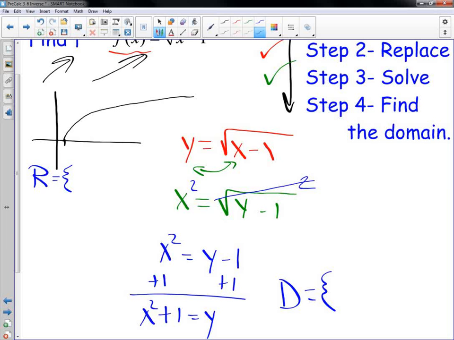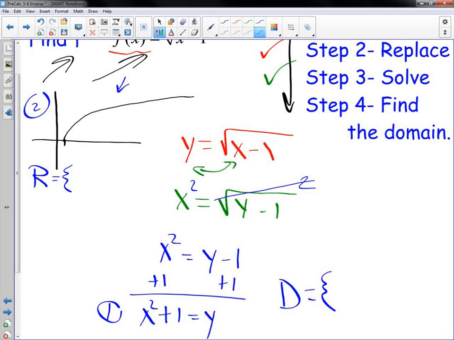Aren't these two inverse functions? So the domain down here where I wrote the 1 is the same as the range up here where I wrote 2. What's the range of this equation here?